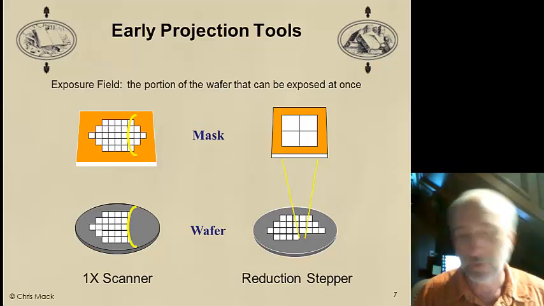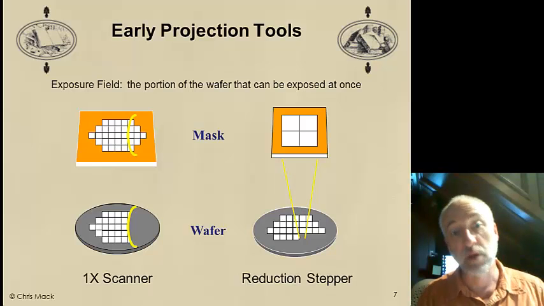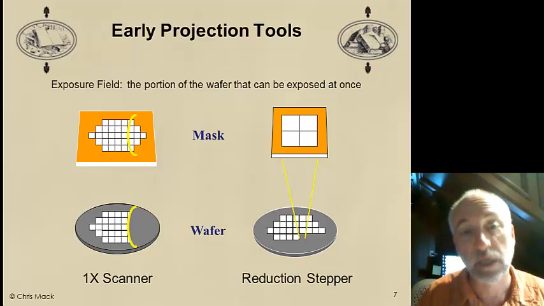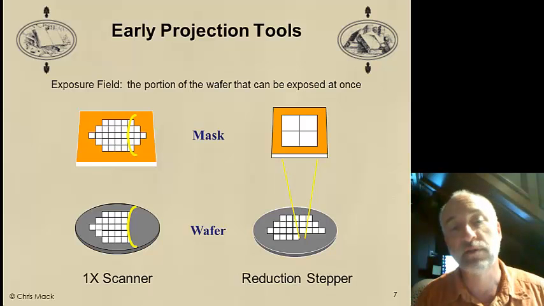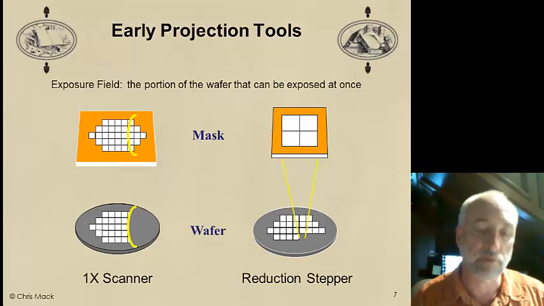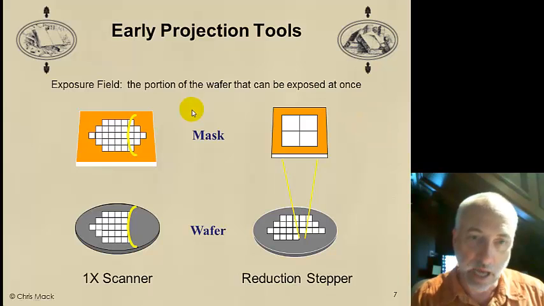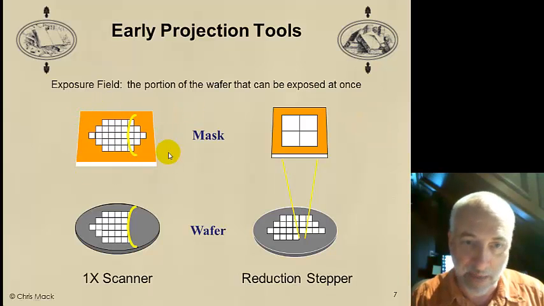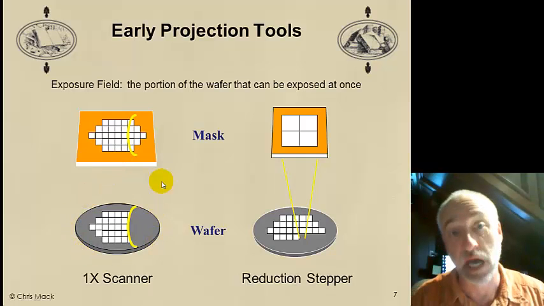Well, the first way that we were able to expose the whole wafer with the whole mask is through a 1x full wafer scanner. These are the Perkin-Elmer scanners that came out in 1973. And they work something like this. I make a mask. It's a 1x mask, meaning it's got the exact same pattern of chips on the mask as I'm going to print on the wafer at the same size.